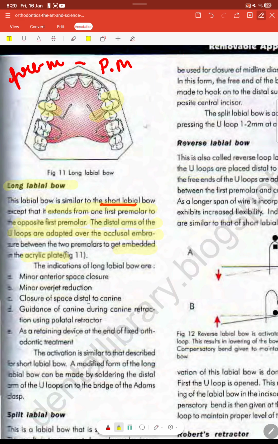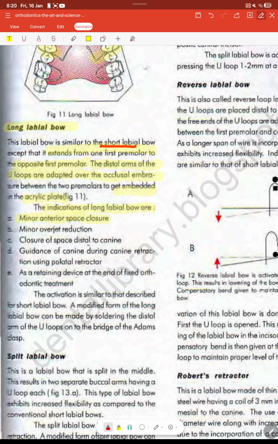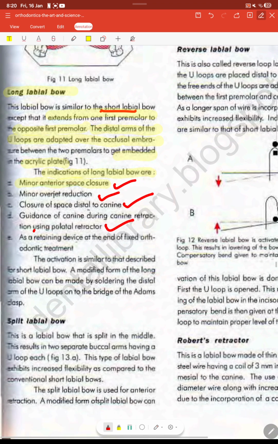The indications of the long labial bow are minor anterior space closure, as we discussed earlier: overjet closure, closure of space distal to the canine, and guidance of the canine during canine retraction, using palatal retractors as a retaining device.